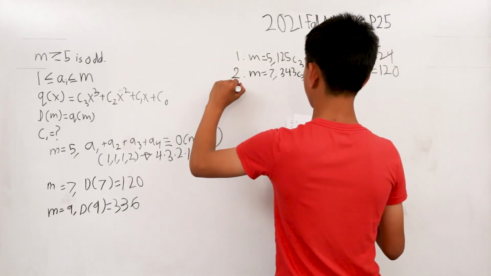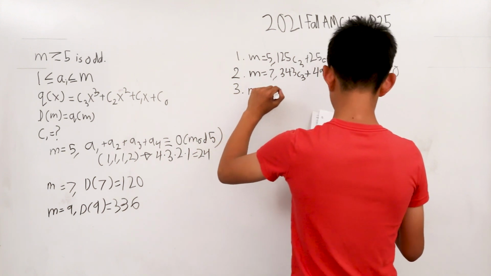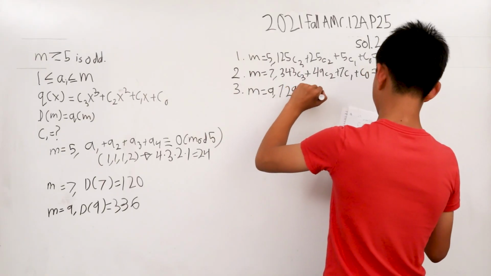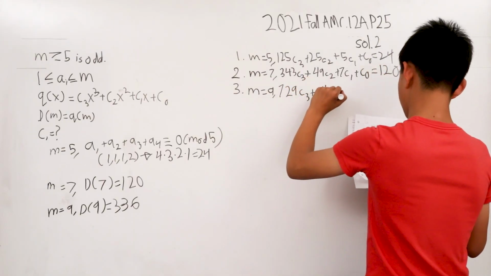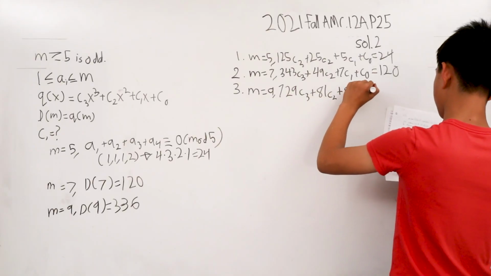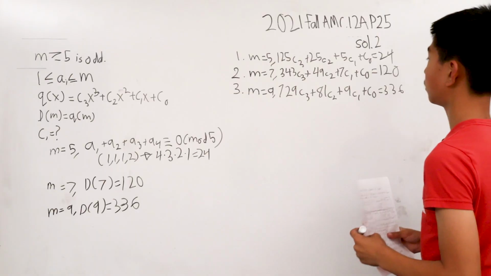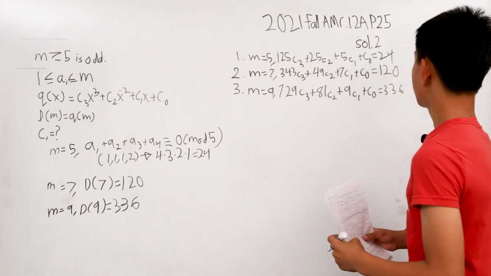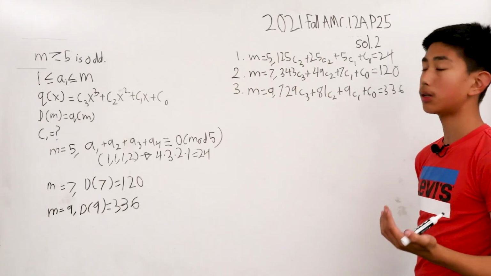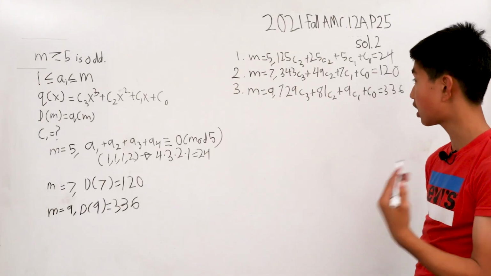Now for our third one, m is 9. This is 729 C3 plus 81 C2 plus 9 C1 plus C naught is 336. Now, once you realize this is a big system of equations, it might be hard to deal with as you might need to subtract multiple times.